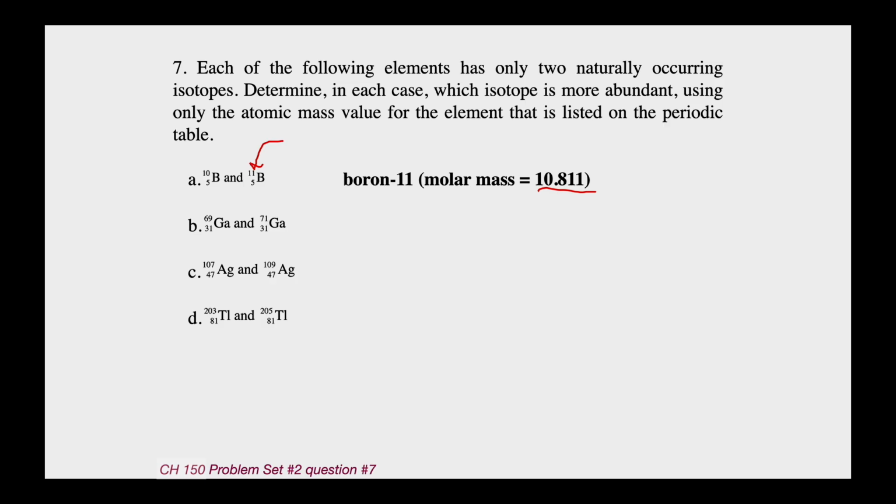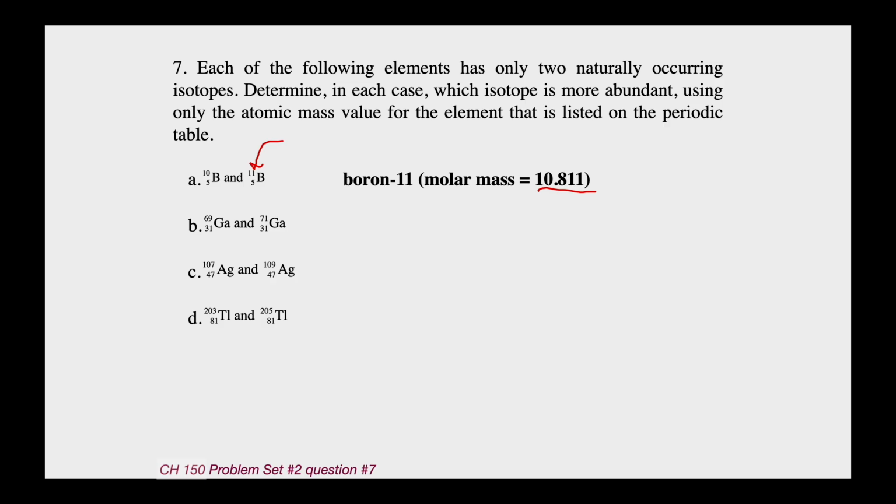So the next one, knowing that gallium is about 69.723. And again, every periodic table is a little bit different. But 69.7, if you look at it, is between 69 and 71. Now, if we round up here, we get 70, and that's halfway in between, so that's not very handy.